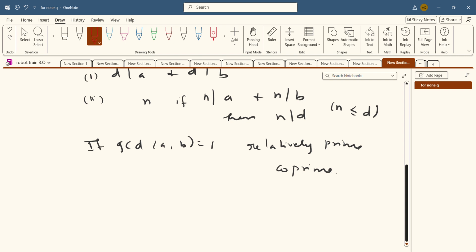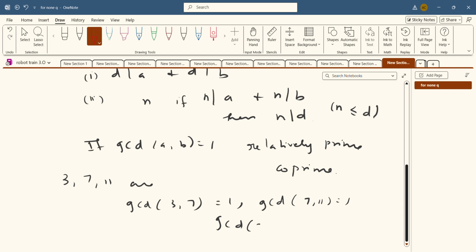For example, 3, 7, 11 are pairwise relatively prime. Pairwise relatively prime means the greatest common divisor of 3, 7 is 1, of 7, 11 is 1, and of 3, 11 is also 1.